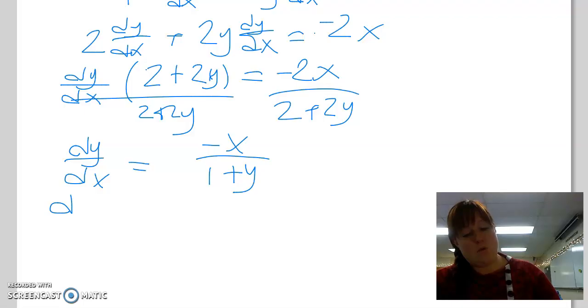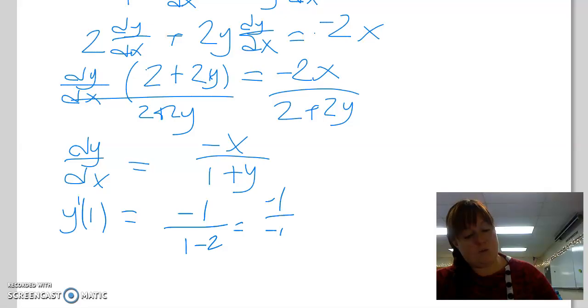So we could write this, if we want to keep proper notation, y prime of 1 equals -1 over 1 minus 2, which is -1 over -1, which is equal to 1. Therefore, the slope of the tangent line is 1. And then all we have to do is write an equation. And I always suggest point-slope form.